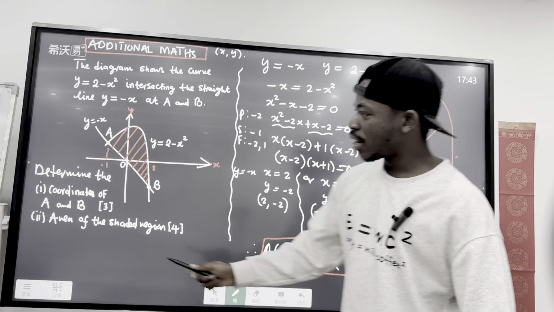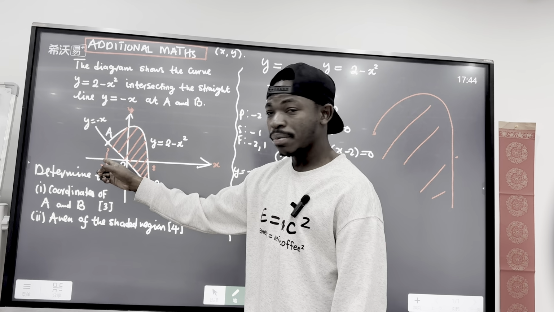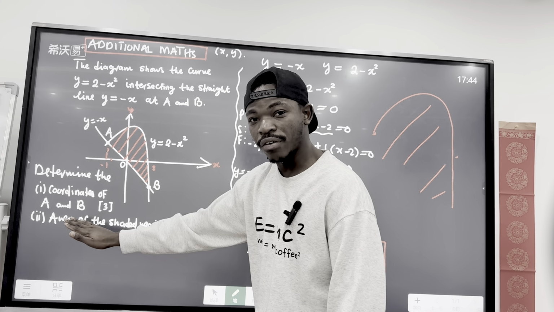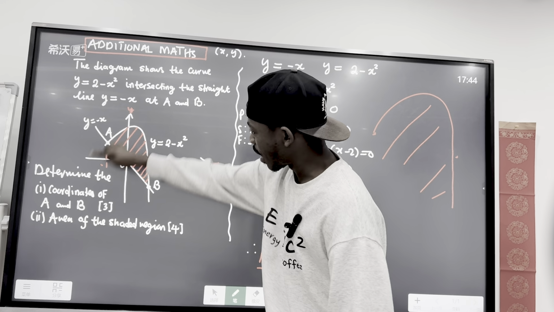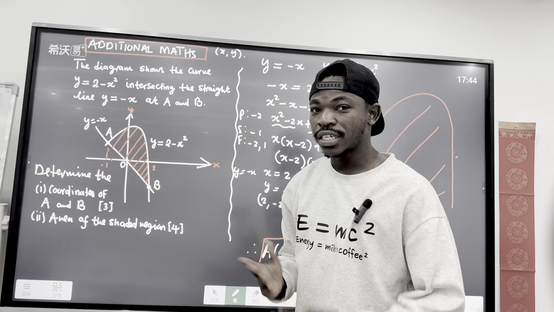But if I also integrate this other function from the same limits, negative 1 to 2, I also find the area that is below this graph. Then once I subtract, everything minus this, I'll remain with what? The shaded region. That is what you want to do there.